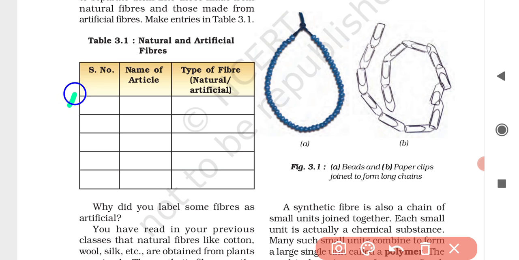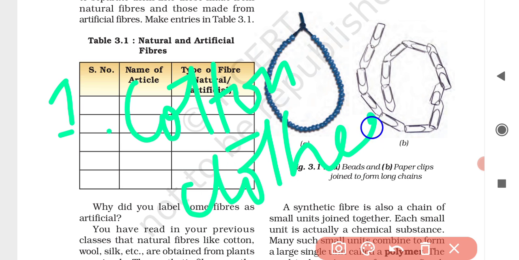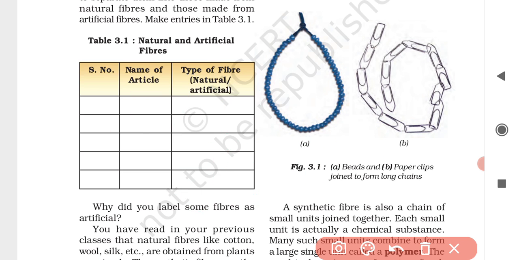First of all I will write it here, and you can also do it by yourself. In serial number 1 I will write cotton cloths under name of article. What is the type of fiber of cotton cloths?